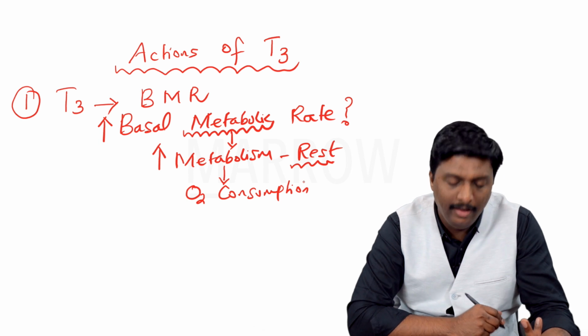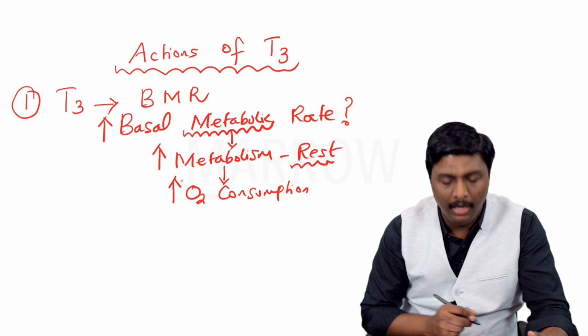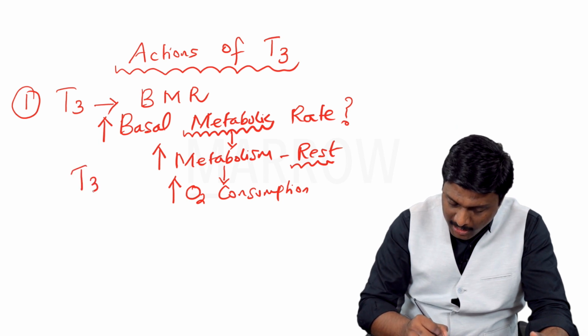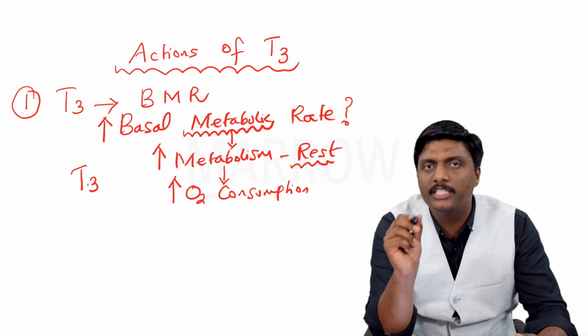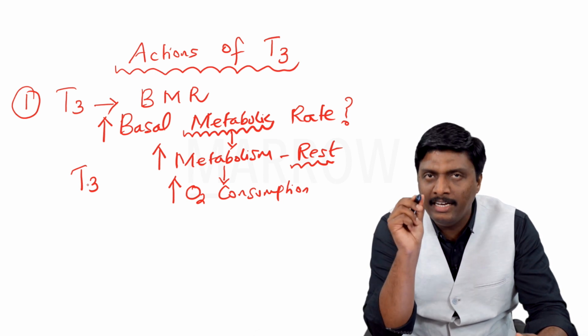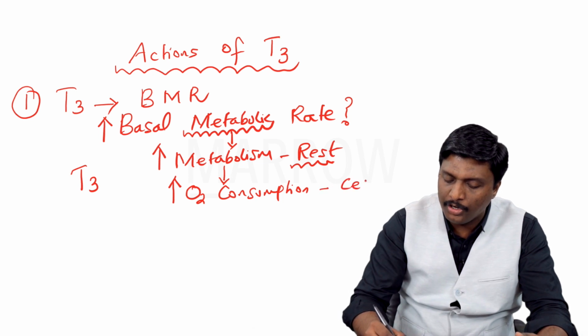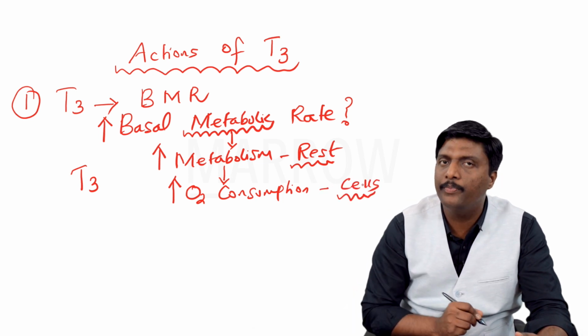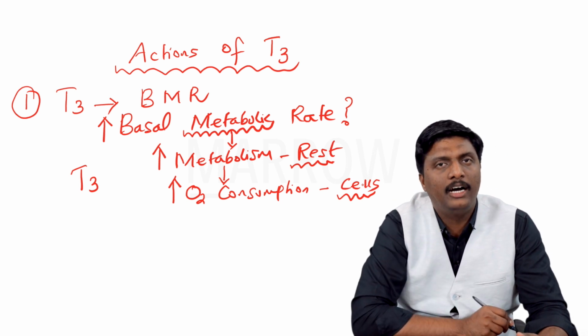That's the simple meaning. Thyroid hormone increases oxygen consumption in virtually all the cells of the human body. Very important MCQ: it is known for basal metabolic rate, increasing oxygen consumption at rest.